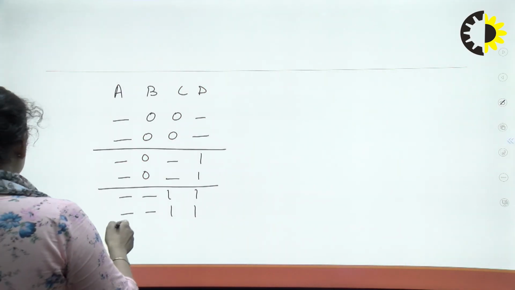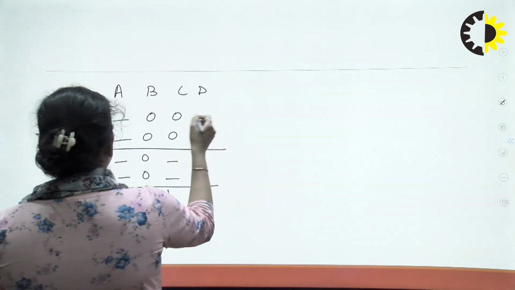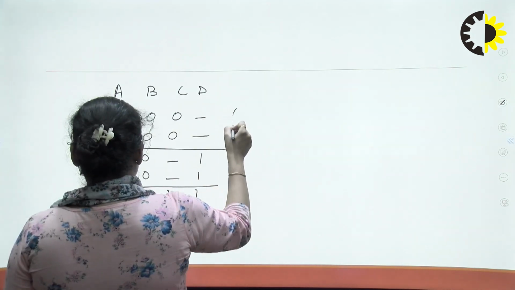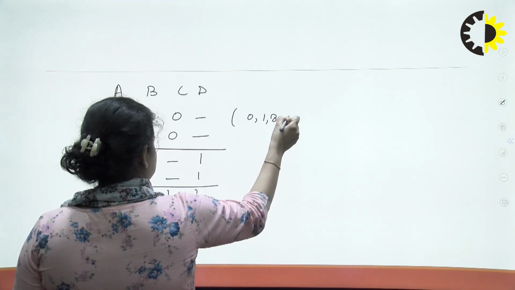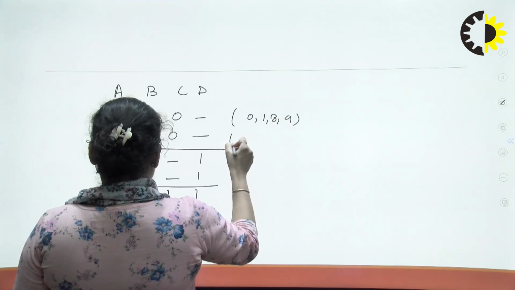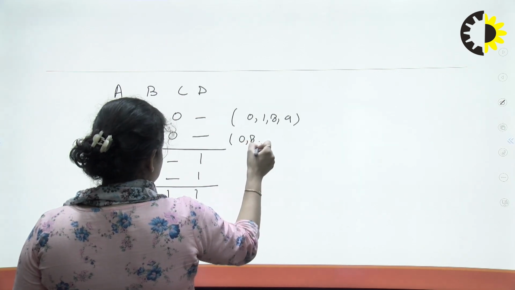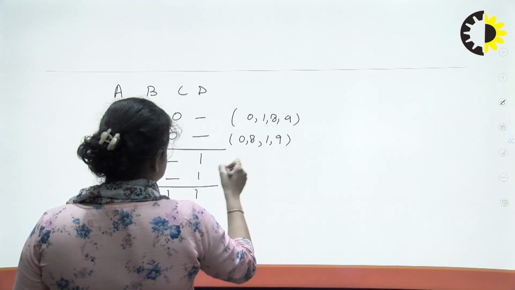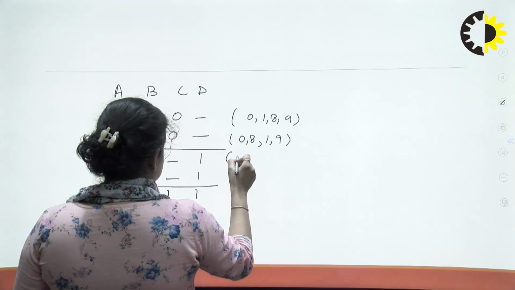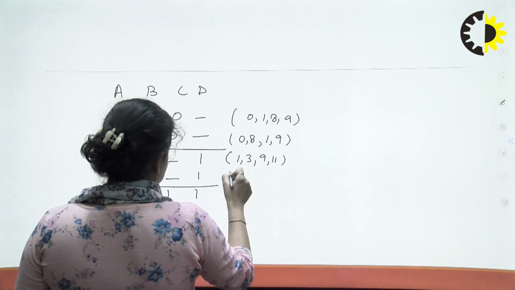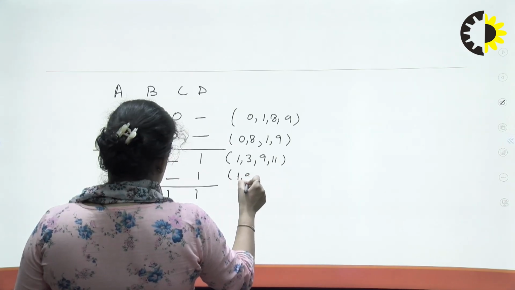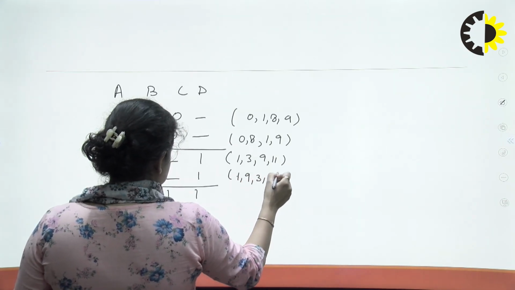So how will we write the final answer? First you write the minterms against it. So minterms are basically 0, 1, 8, 9. Here 0, 8, 1, 9. Here the minterms were 1, 3, 9, 11. Here 1, 9, 3, 11.